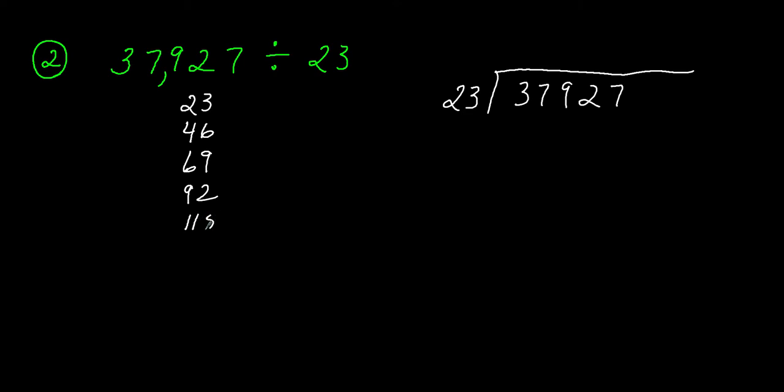That would be 115, and just continue that process. 115, 125, 135, 138, then 138, 148, 158, 161, and then 161, 171, 181, 184, and then 184, 194, 204, 207.